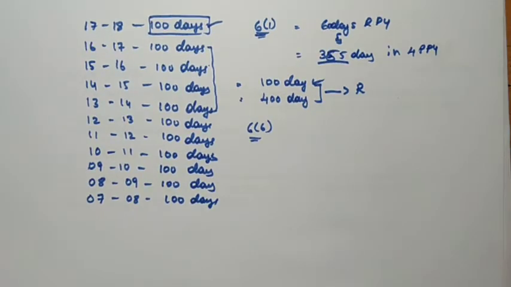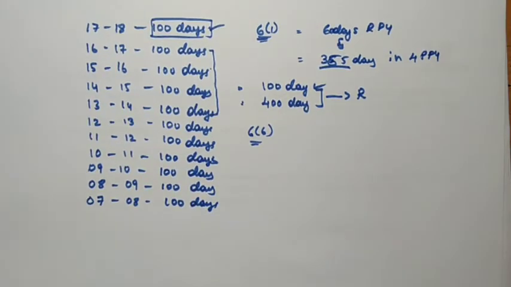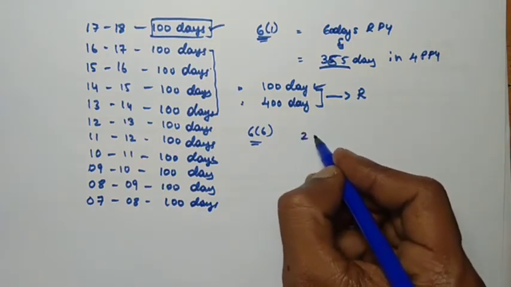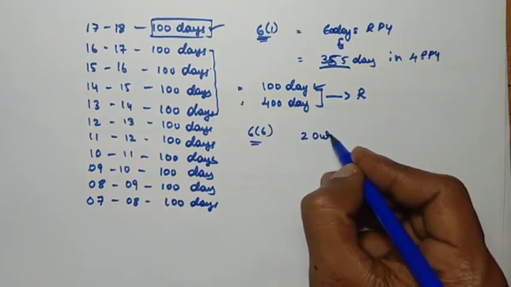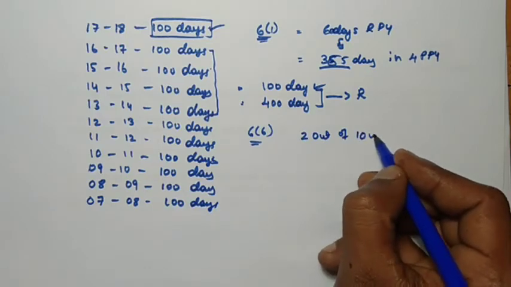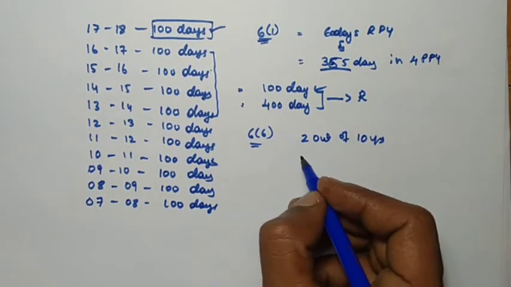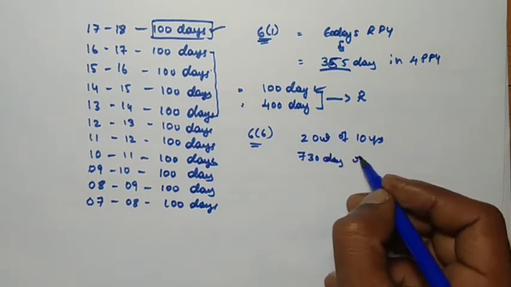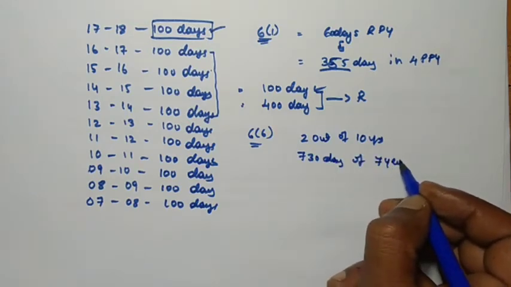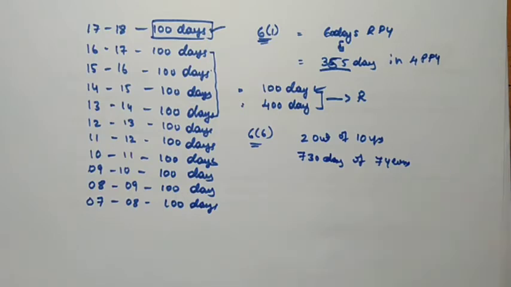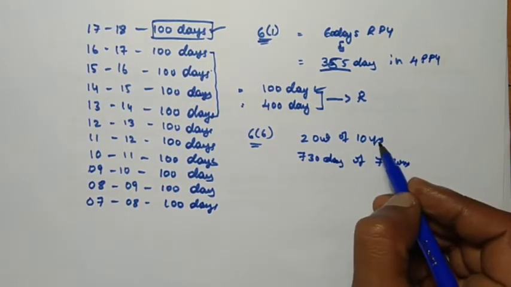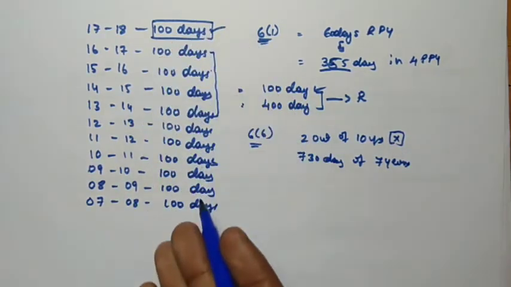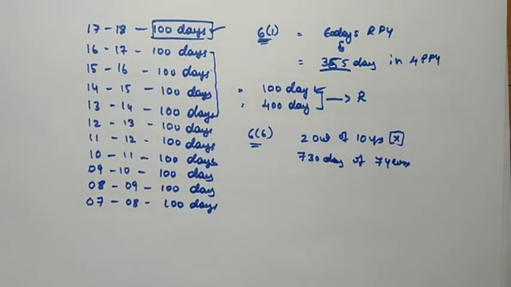Under section 6, subsection 6, the first condition was 2 years out of 10 years and 730 days out of 7 years. The first condition cannot be satisfied because every year he stays for only 100 days.